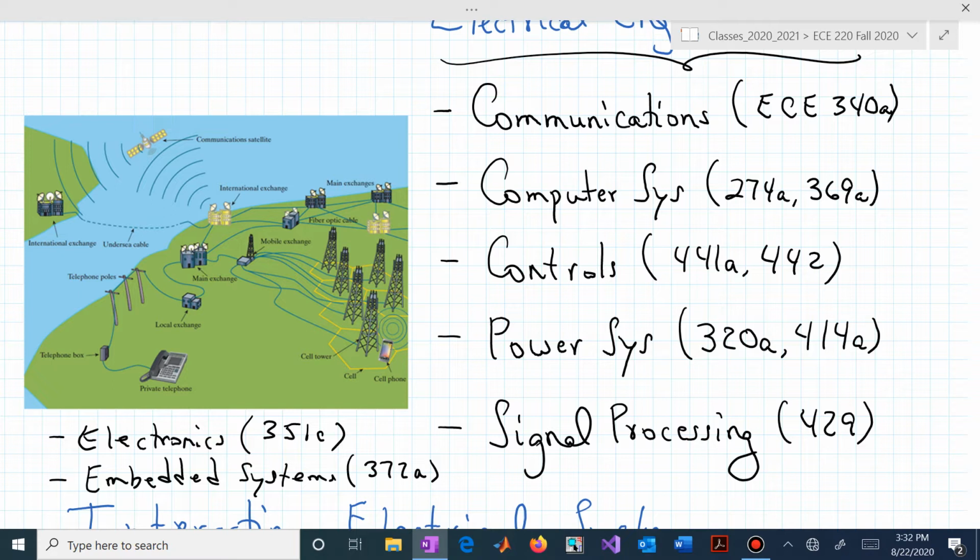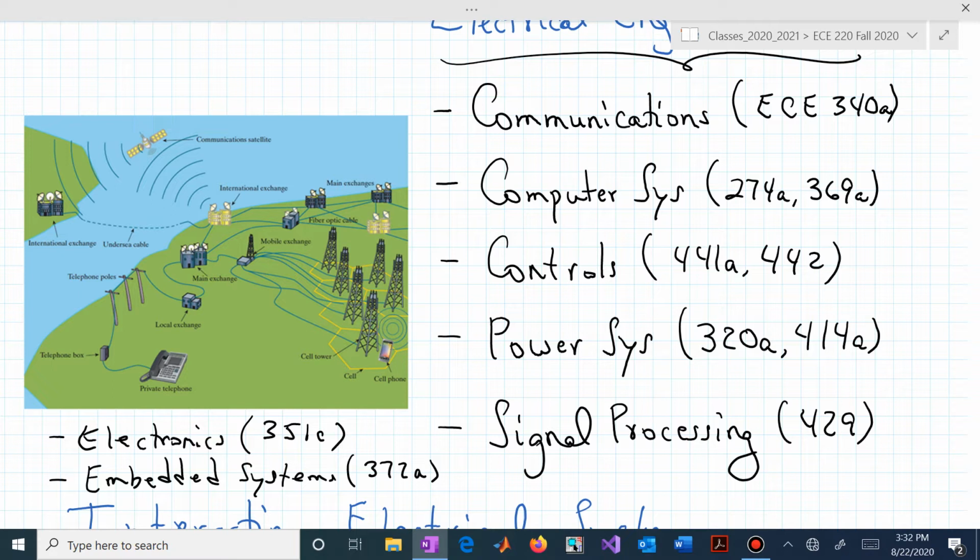For example, mechanical engineering might emphasize mechanical systems. Electrical engineering, we might emphasize some electrical systems, but in fact we deal with mechanical systems, electromechanical systems, etc. We've already talked about power systems, which takes off from where this class leaves.